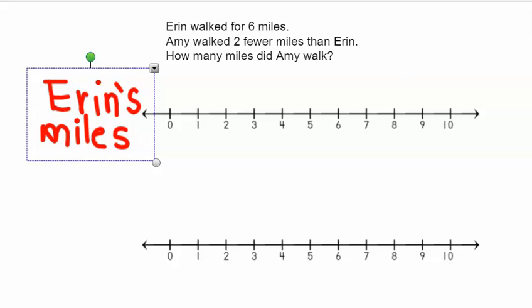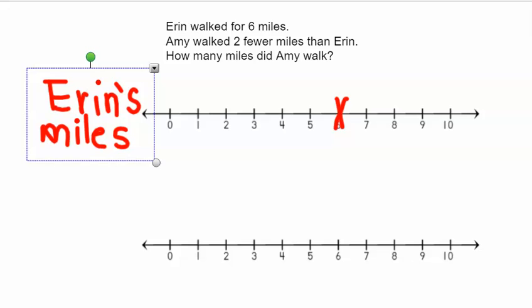Okay, so how many miles did she walk? That's right, she walked 6 miles. So she started at the beginning and went 1, 2, 3, 4, 5, 6. So she walked 6 miles.